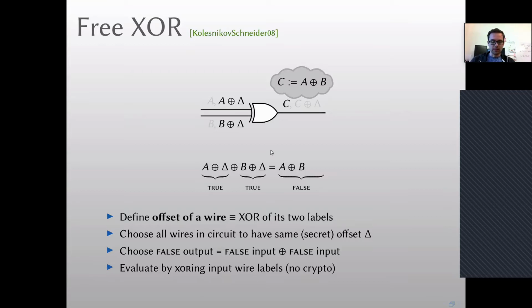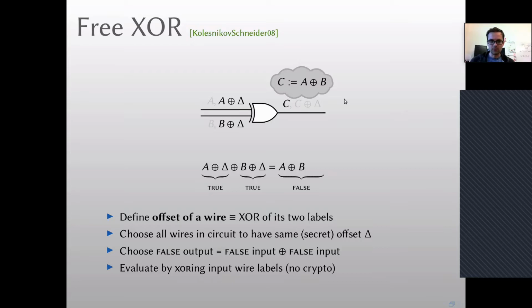So what this means is, if the wire labels have this property, meaning all wires have the same offset, and the output wires in an XOR gate have this relationship to the input wires, then you can evaluate this gate just by XORing the input wire labels. I don't have to send you any garbled ciphertext.